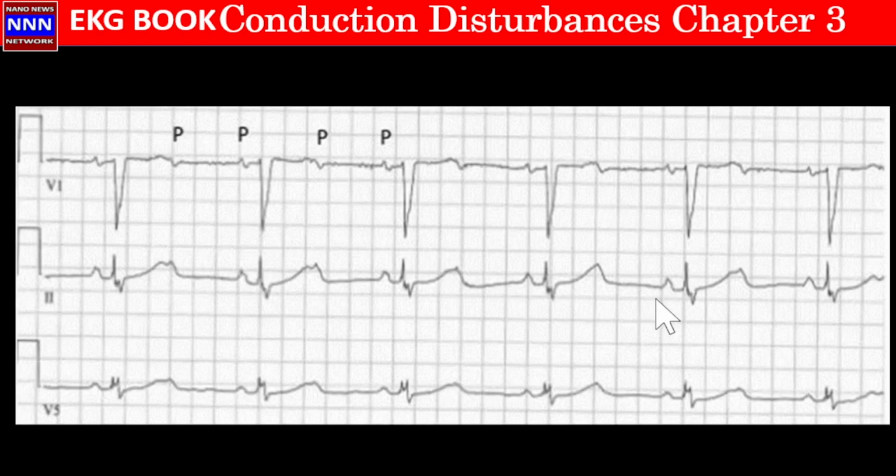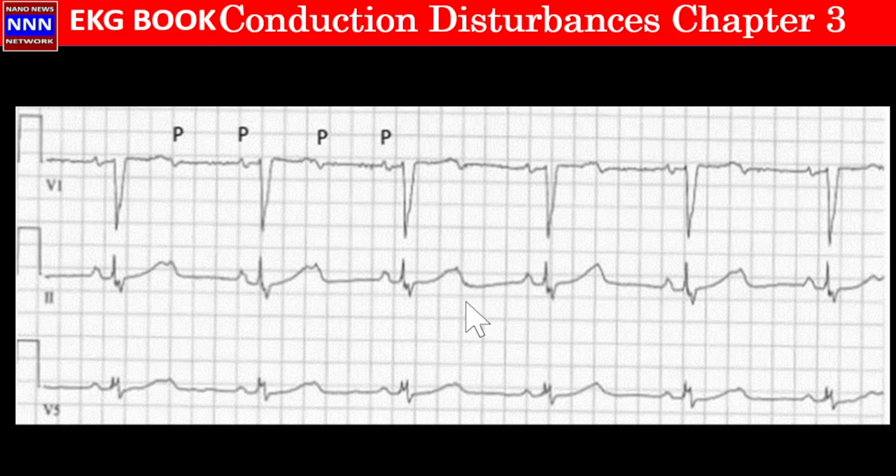So what do we see here? This is V1, this is lead 2, and this is V5. Again, we see P waves here, P waves, QRS complex, P wave dropped, QRS complex, P wave dropped, QRS complex, P wave dropped, QRS complex, P wave dropped.